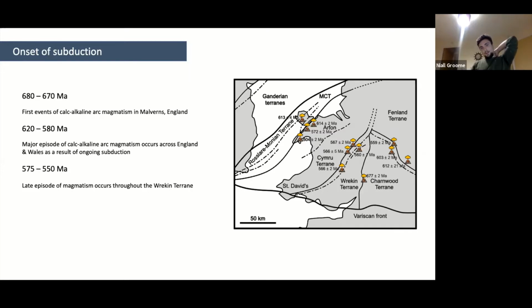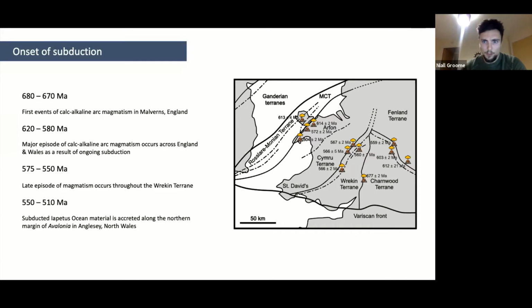So this late episode of magmatism seems to suggest a switch from purely subduction related activity on the margin of Gondwana to almost a rift setting. So we have this major change around the Precambrian to Cambrian boundary from subduction related processes mostly to an episode of rifting.